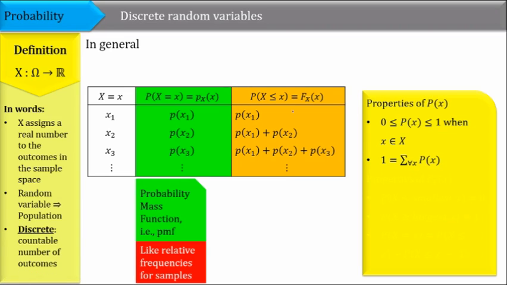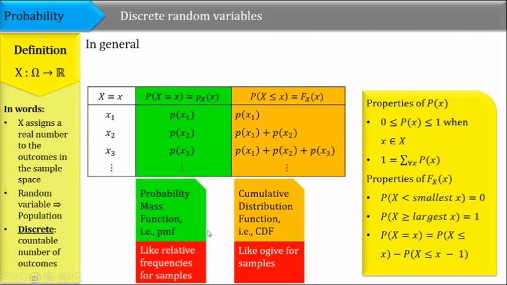Right, then we have our CDF, or our cumulative distribution, which is like an ogive, where we simply add at every single step. Okay, so we just keep on adding. So start off with the probability for x1, then the first step, second step, it'll be x1 plus x2, third step, we'll add x3, and so we'll carry on. And the properties now for the CDF. Okay, first of all, it's denoted by a capital F, always a capital F for the CDF.